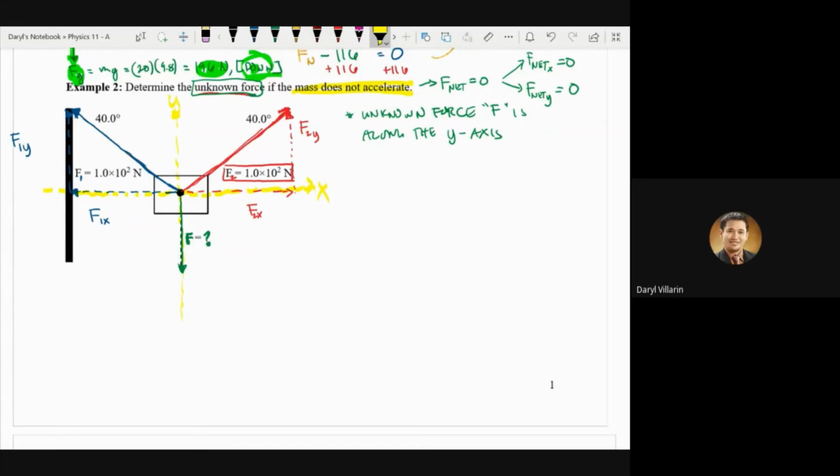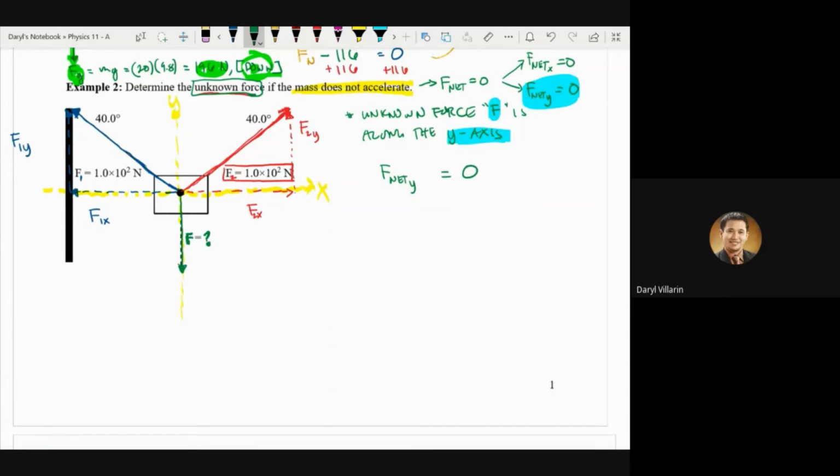So if you can see that one there, F is solely lying in the y-axis. But since it does not accelerate, that tells me that the net force along y is equal to 0. So therefore, I just have to concentrate because F is lying along the y-axis. So I'll just have to take note of all the forces along y and equate it to 0.